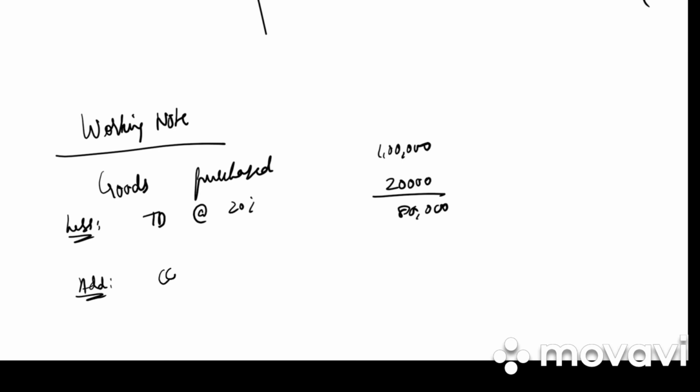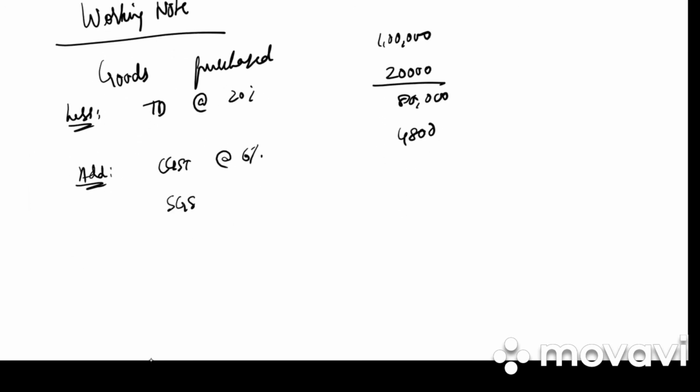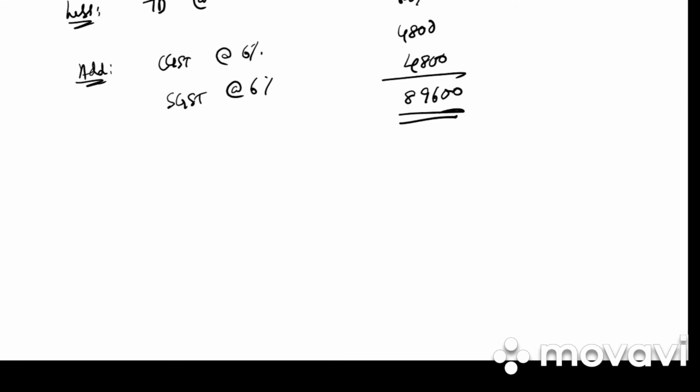Add CGST at 6%. How much is it? 4,800. SGST at 6%, 4,800. So total we get 89,600. So total purchases was of 89,600, in which 60% payment in check.